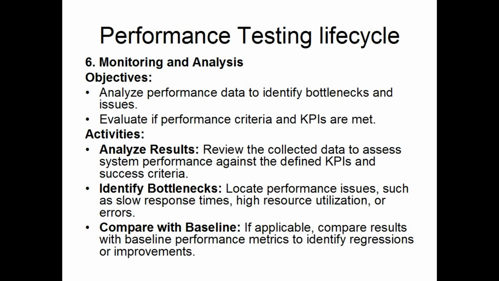Activities during analysis of the performance testing results are analyzing results, reviewing the collected data to assess system performance against the defined KPIs and success criteria, and identifying bottlenecks, locating performance issues such as slow response times, high resource utilization, or errors. Compare with baseline: if applicable, compare results with baseline performance metrics to identify regressions or improvements.